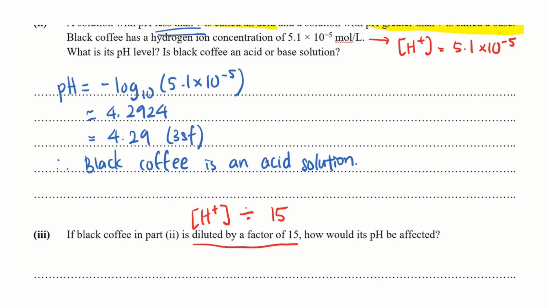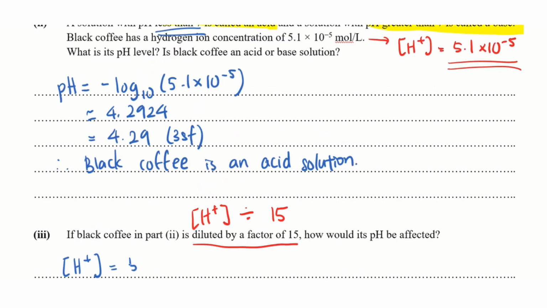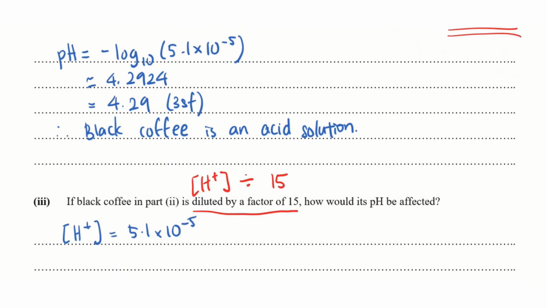The hydrogen concentration originally is 5.1 times 10 to the power negative 5, so in this question, the H plus value will actually be 5.1 times 10 to the power negative 5 divided by 15. So that is what it means.